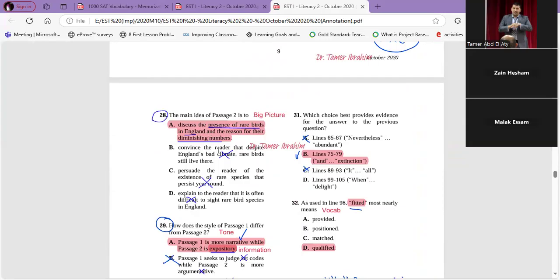Convince the reader that despite England's bad climate, okay, rare birds still live there. No, he said that others are worse than England. No. Persuade the reader of the existence of rare species that persist year round.